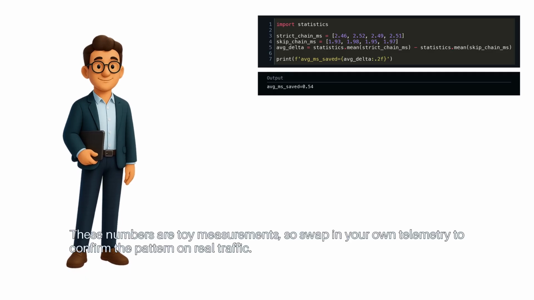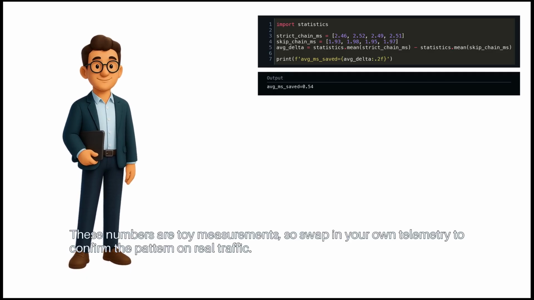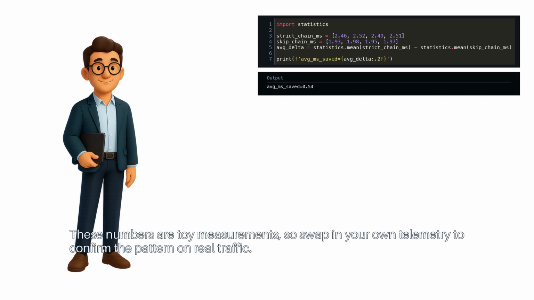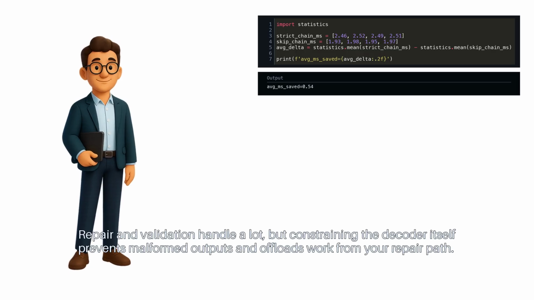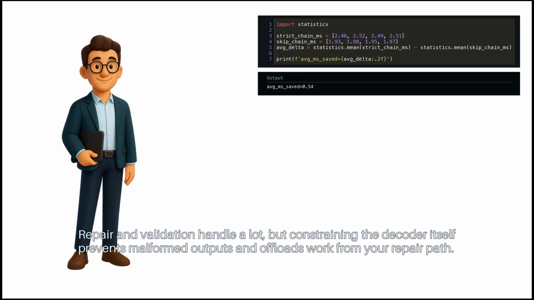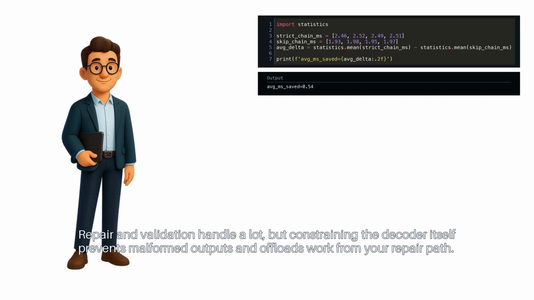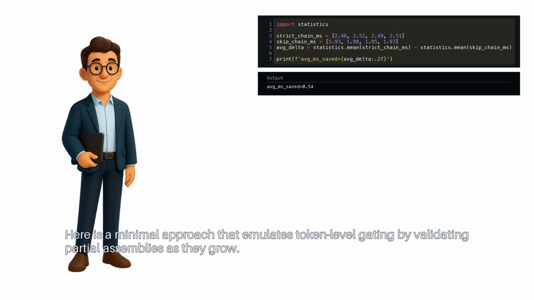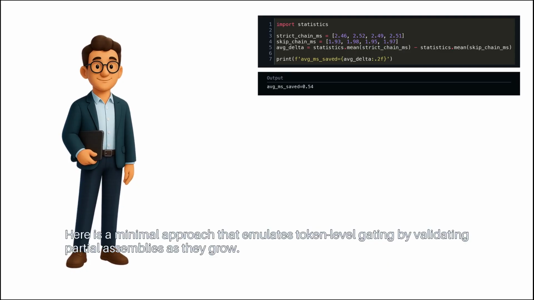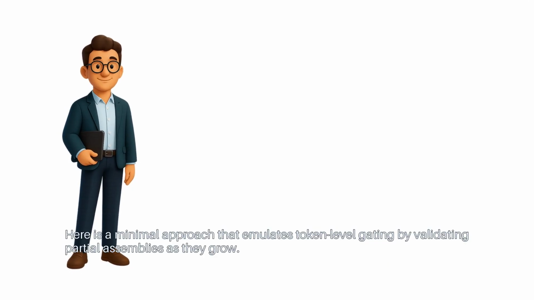These numbers are toy measurements, so swap in your own telemetry to confirm the pattern on real traffic. Repair and validation handle a lot, but constraining the decoder itself prevents malformed outputs and offloads work from your repair path. Here is a minimal approach that emulates token-level gating by validating partial assemblies as they grow.